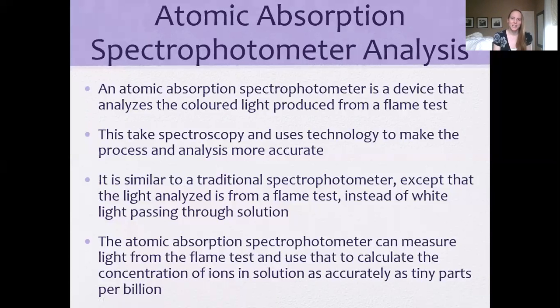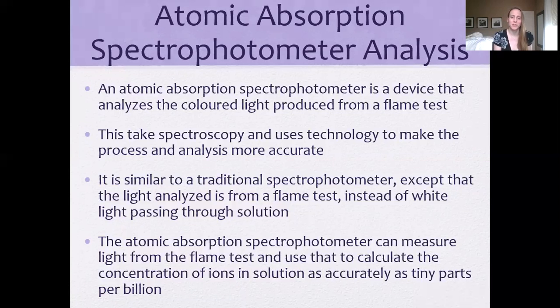And then the last one is something called atomic absorption spectrophotometer analysis, which is another device that is used to measure light, but this time it's analyzing the light from a flame test. So it essentially takes spectroscopy and then uses technology to make it more accurate.